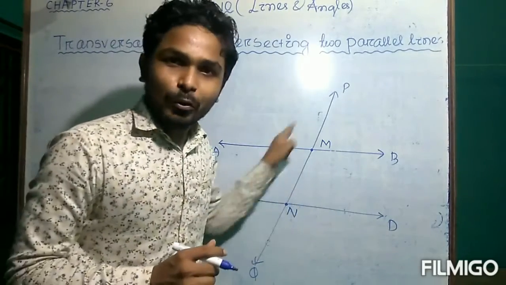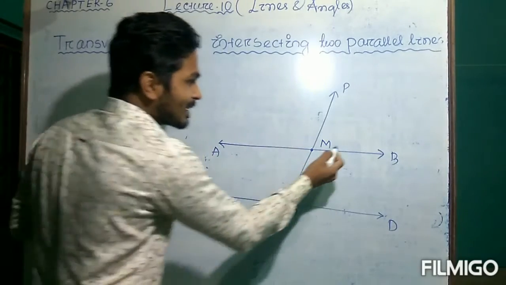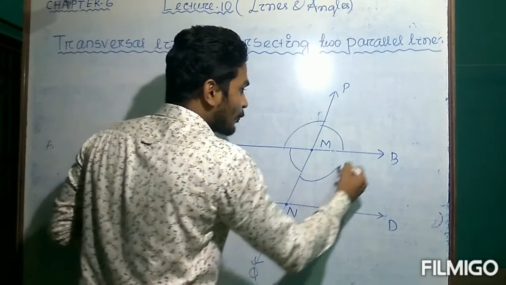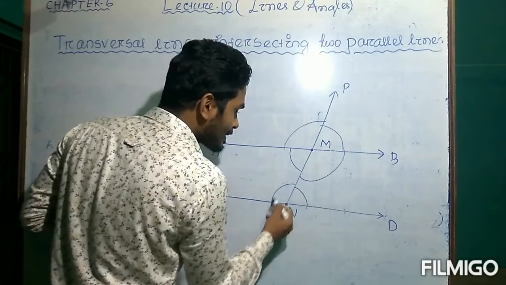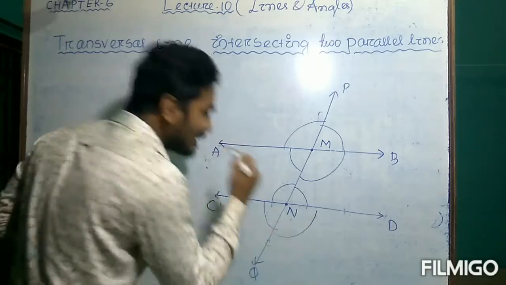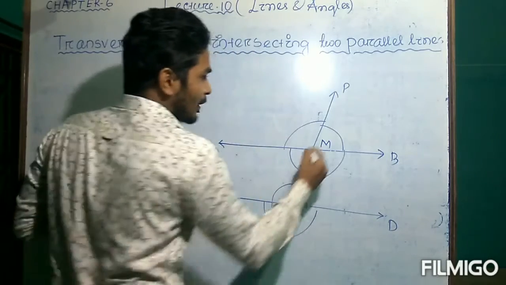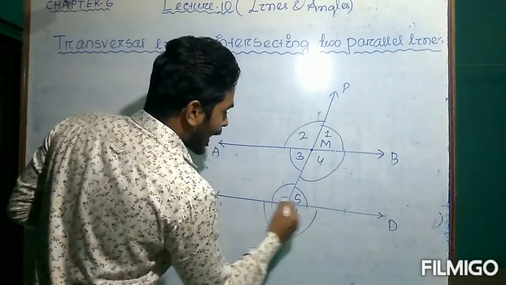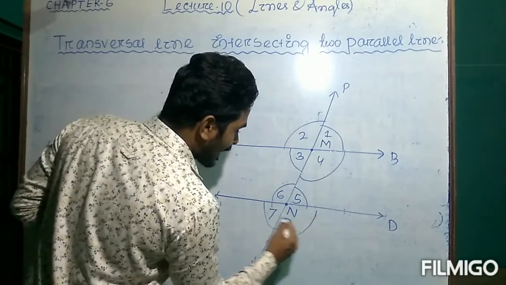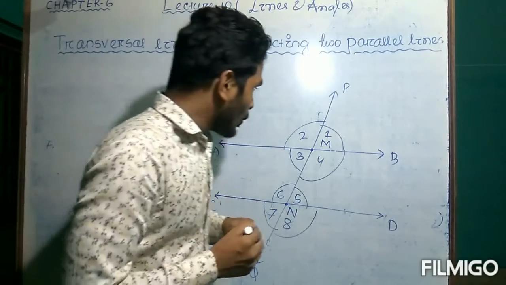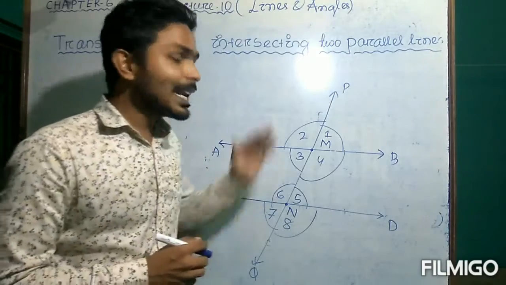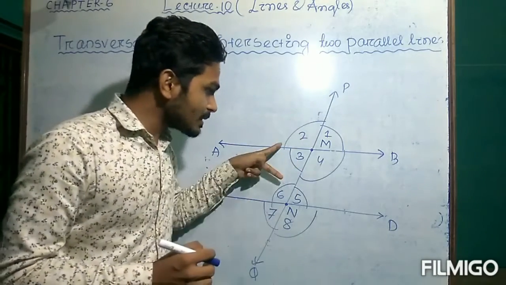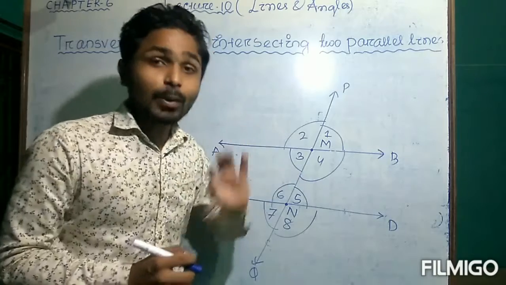Then how many angles are formed here? Here also we have how many angles? 1, 2, 3, 4, 5, 6, 7 and 8. Here also we have 8 angles. Okay, so name them 1, 2, 3, 4, 5, 6, 7 and 8. Now we have to identify the names of those angles. As we know, whenever a transversal line intersects two lines, total 8 angles are formed. And what are the names?